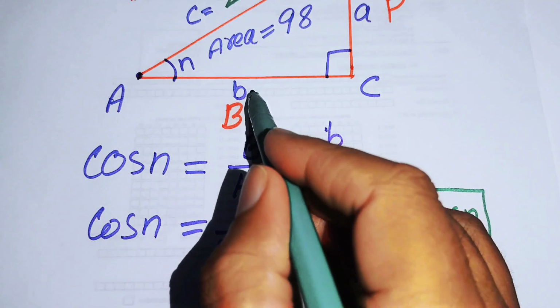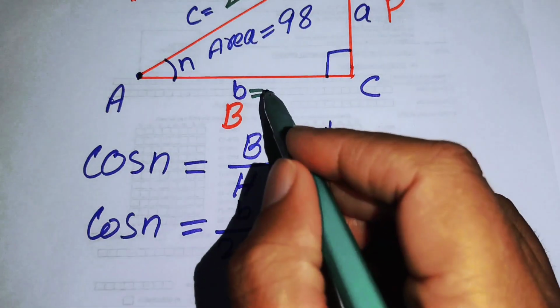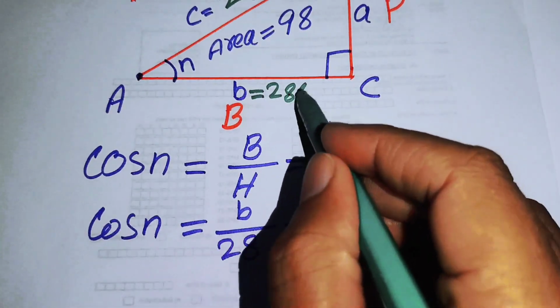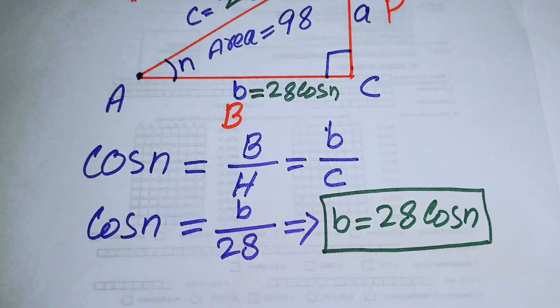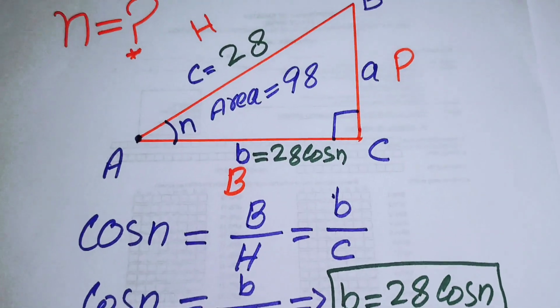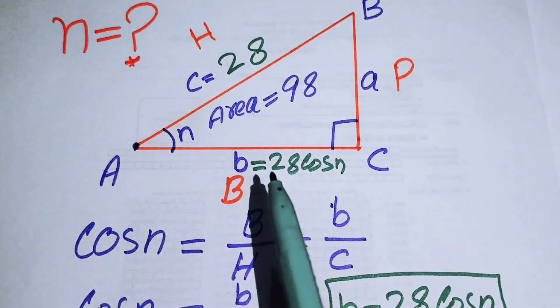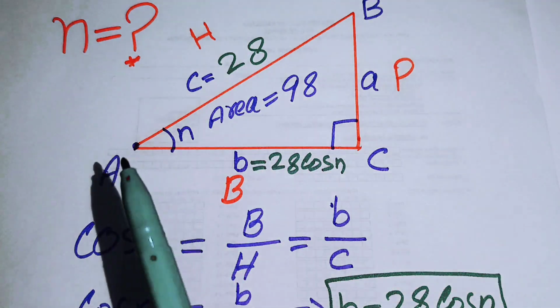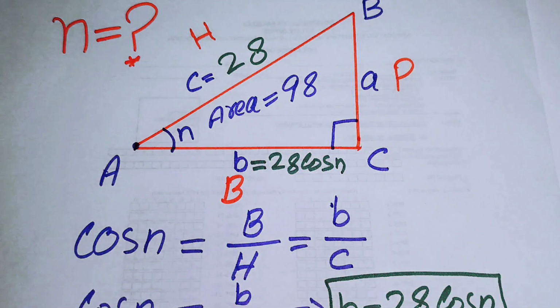So we can find the value of b, which is 28 times cosine of angle n. Now here we have two sides of this triangle, one is b and the other is c.